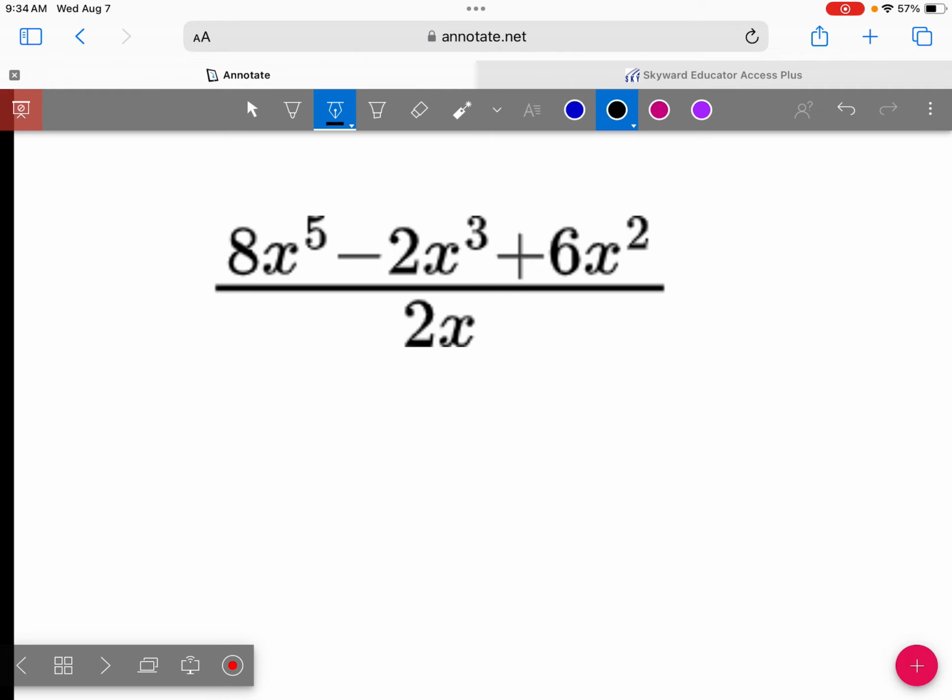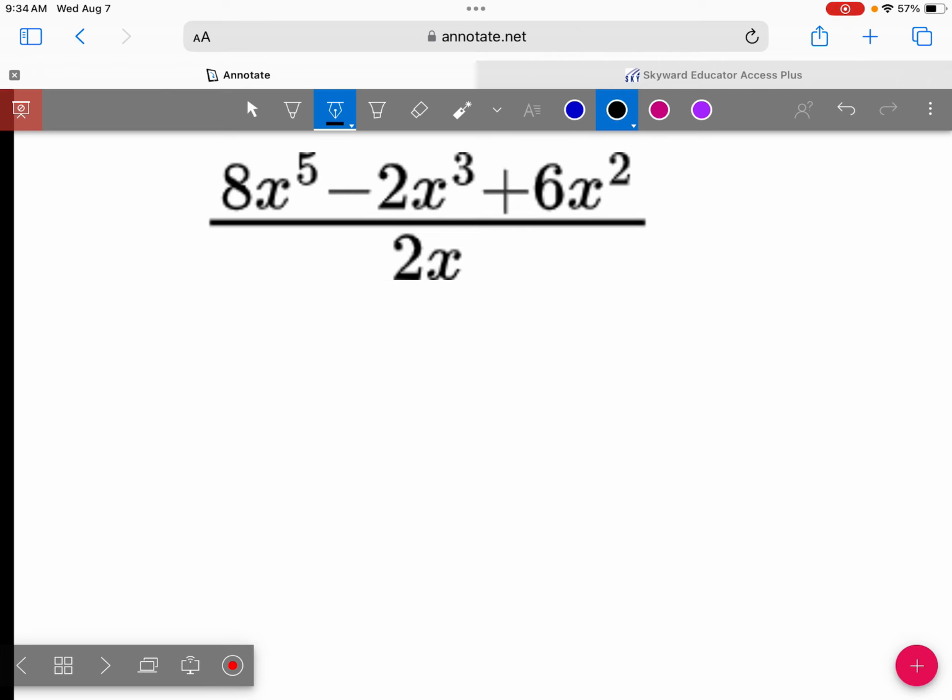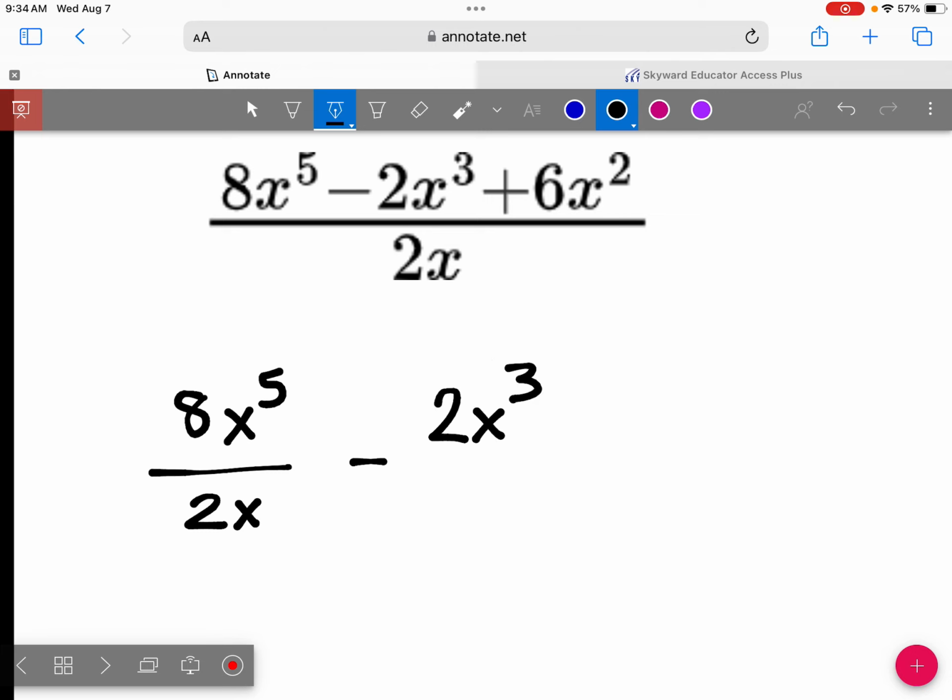So instead of having this be one giant fraction, I'm going to break it apart so that we have 8x to the 5th over 2x. And then we're going to subtract 2x cubed over 2x. And then we're going to add 6x squared over 2x.